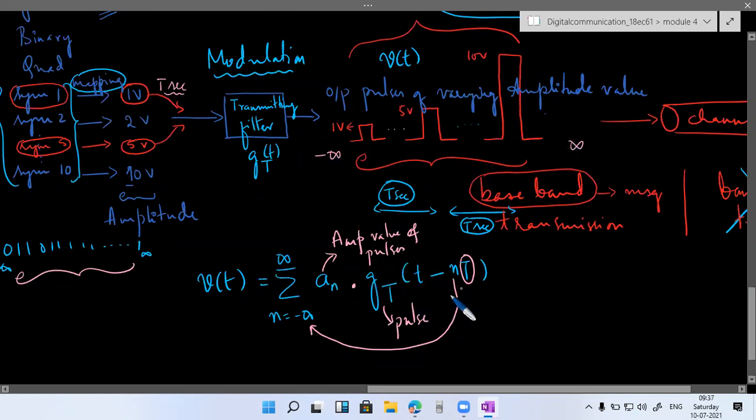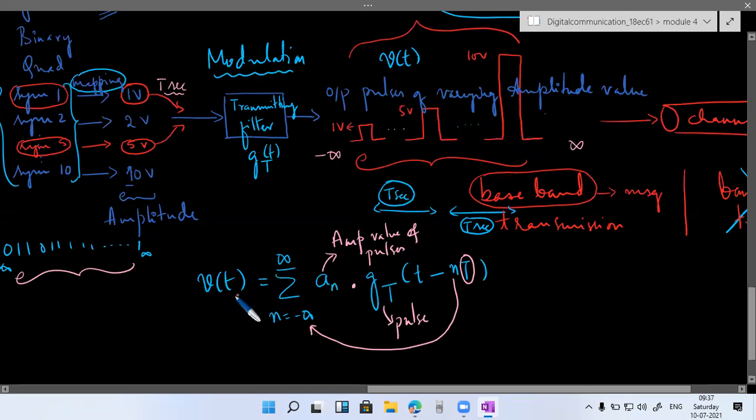This is the pulse part, and it gets multiplied by a n, because all these pulses are associated with varying amplitude values, where a n represents the amplitude value of each pulse. Because it has subscript n, it indicates that it's not the same amplitude value; all these pulses have their own amplitude values.